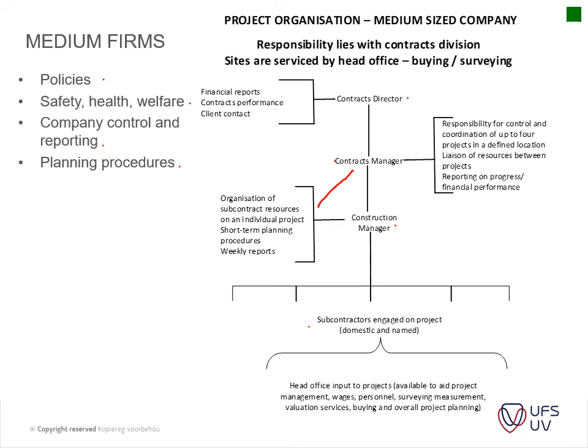That goes to the contracts manager, and he reports back to the director. The director usually focuses on financial, contract performance, client contracts, responsibility, and coordination. The contract manager looks at the reports and makes decisions on what to be done.